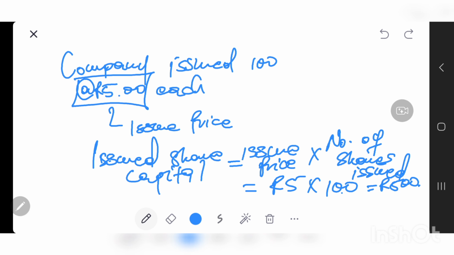Now, I've introduced to you what is a company. We've spoken about the different concepts that are involved in a company. We've spoken about the directors, the shareholders, and all those things.